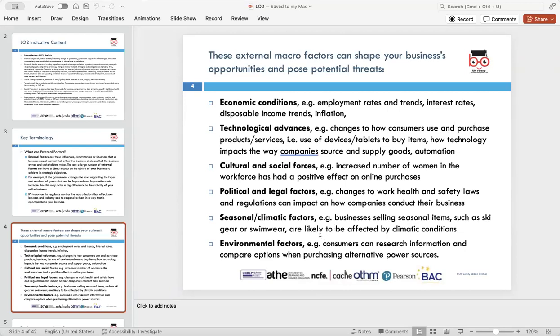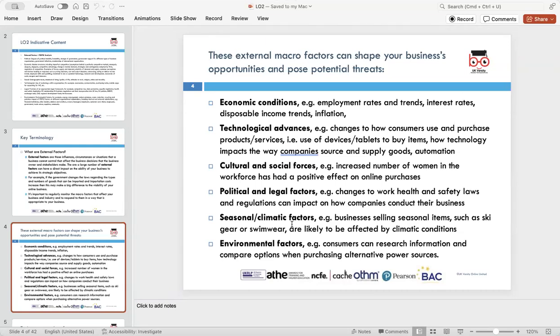Additionally, seasonal and climatic factors can also have an impact.